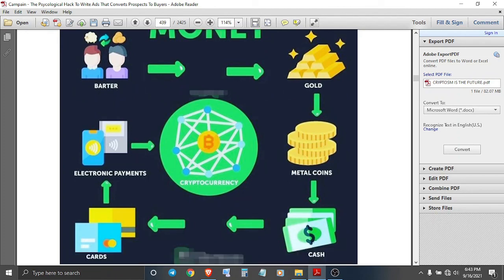Like I told you the steps the cash took, and from cash we got into the credit cards and debit cards we're using right now, the Visa and the banking system. From there we went into our normal banking system, PayPal, remittance, Western Union, and whatever. Because of this electronic use, money has been converted into digital form.